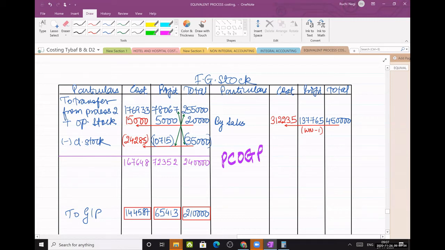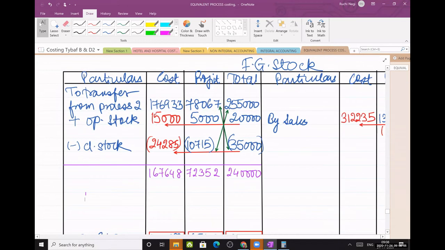Don't forget this. I had also told you that after this you can write these steps: direct material, direct labor, prime cost of goods produced, and then add opening plus closing. This is allowed, you can do it. But if it is not needed, do not write that step. And you will get this through cross multiplication.